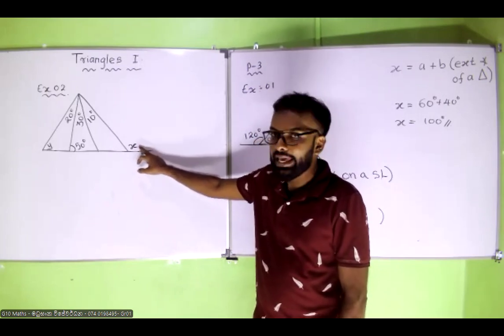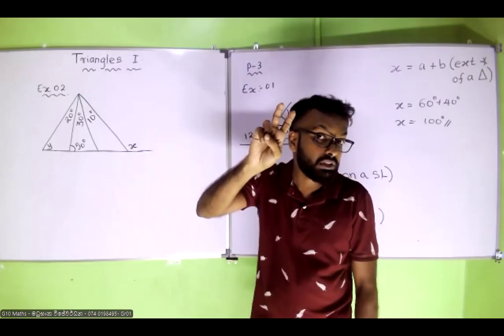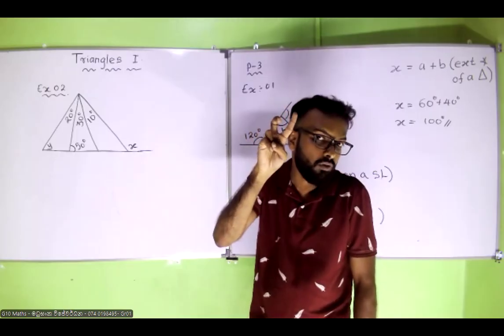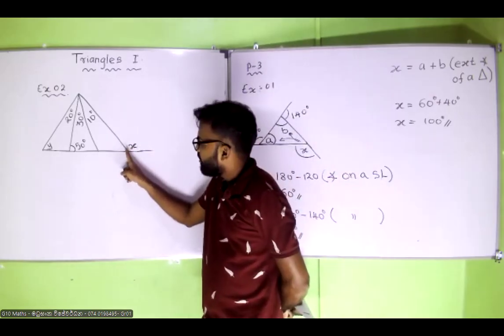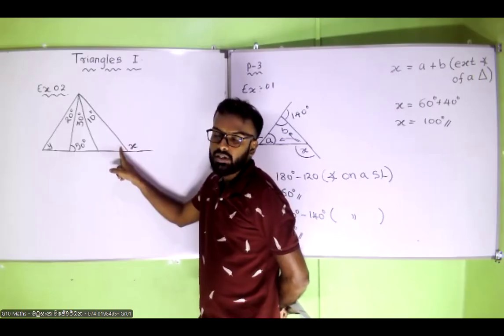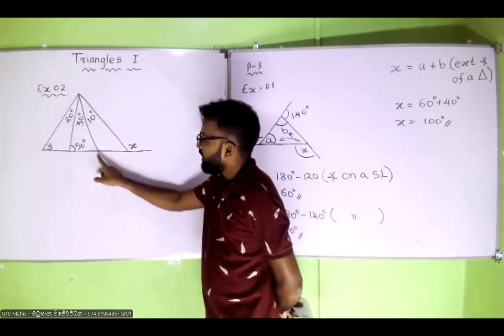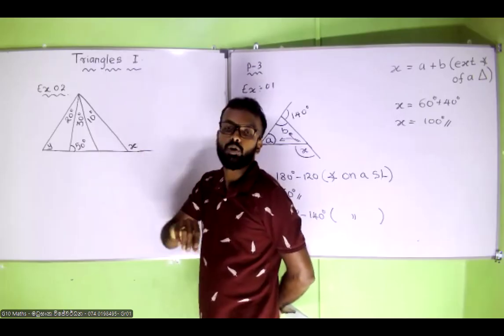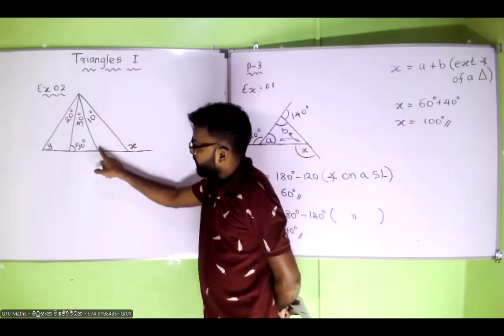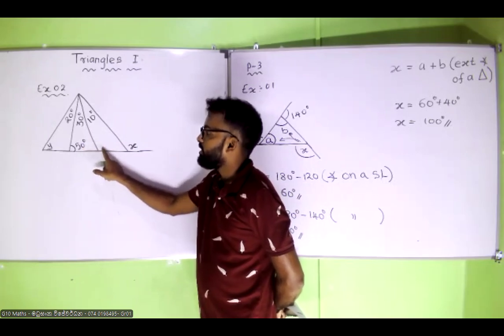If we want to find x, we need to know the magnitude of two interior opposite angles. There are two interior angles, this one and this one, but we do not know the value of this. So that is not the point to start. If we want to find this one, we need to know the magnitude of this.